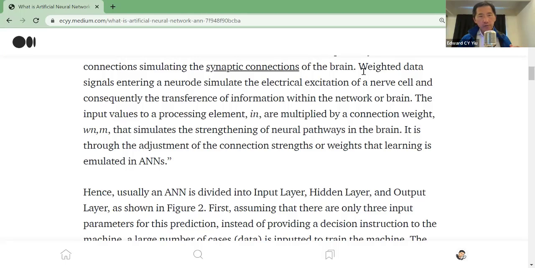Then the input values to a processing element are multiplied by a connection weight, W, that simulates the strengthening of the neural pathway in the brain. And it's through the adjustment of the connection strength or weight that learning is emanated in ANNs.